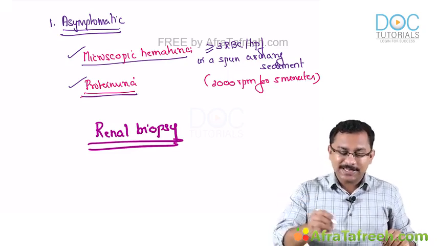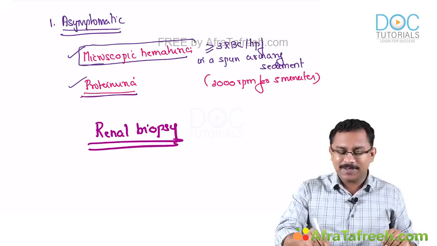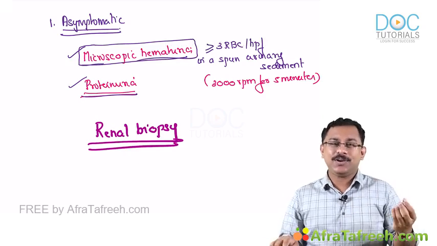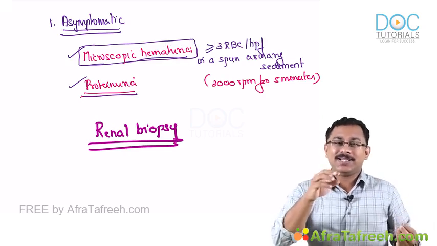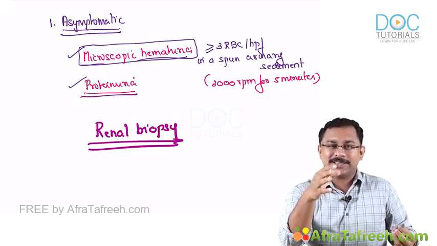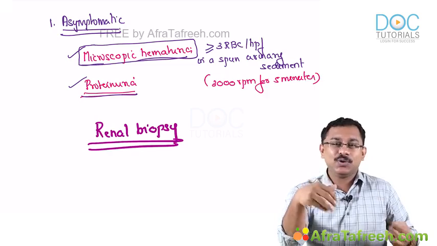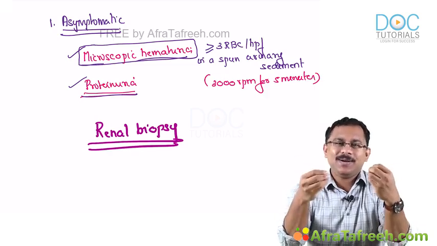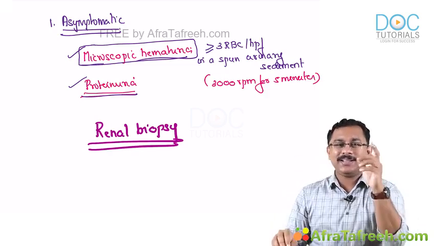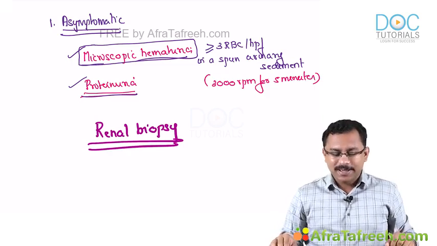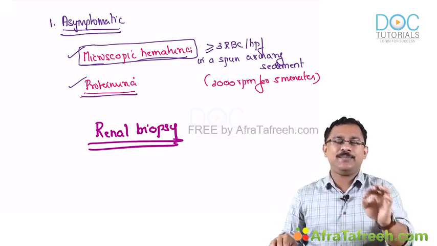Always remember, when you have an asymptomatic presentation, especially microscopic hematuria, there is a chance that in females, especially during the menstrual cycles, there may be a contamination. So do not mistake that for a microscopic hematuria. That is one thing that you have got to keep in mind. But in general, let me tell you one point.